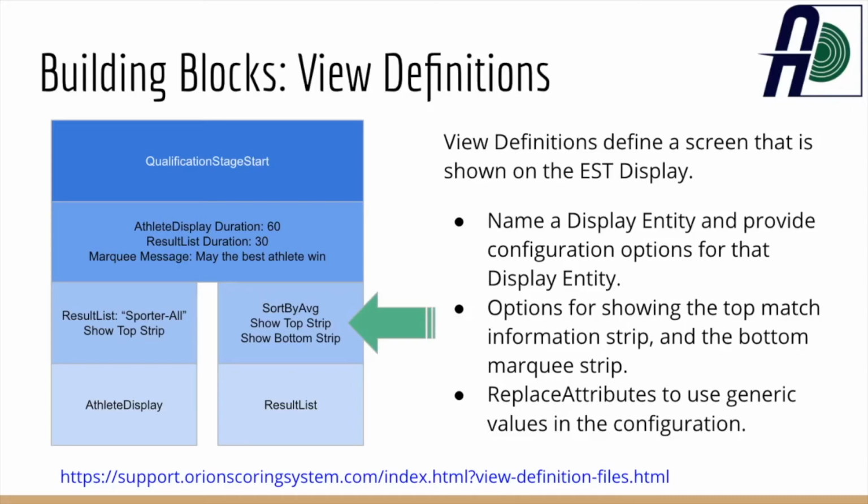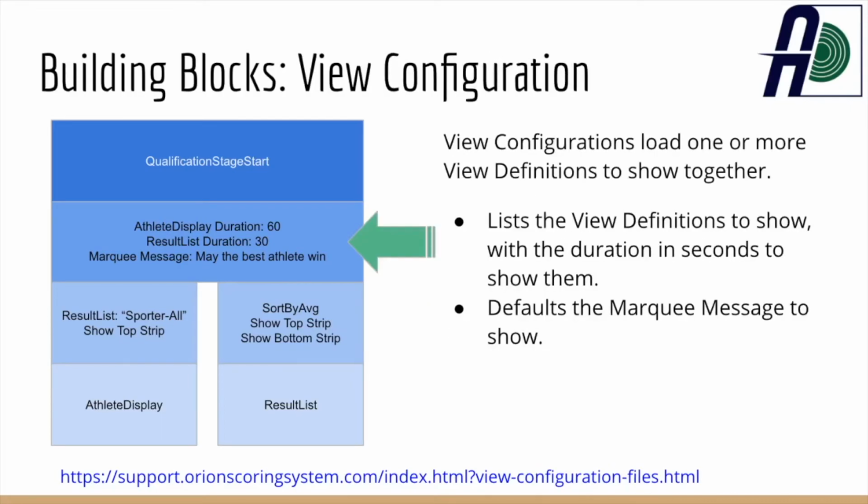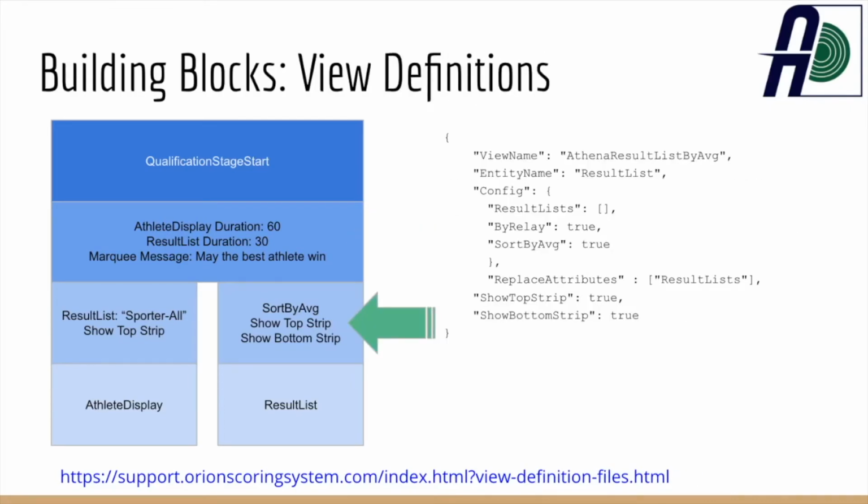So let's see what this looks like in an actual file. Again, it's a JSON configuration file. It's a text file, and we specify the view name, and the view name does have to be unique. The entity that you want to show, in this case, result list, and then the configuration for that result list display entity. In this particular case, we're saying by relay is true, so we only want to show athletes on the current relay, and we want to show them based on the average shot fired.